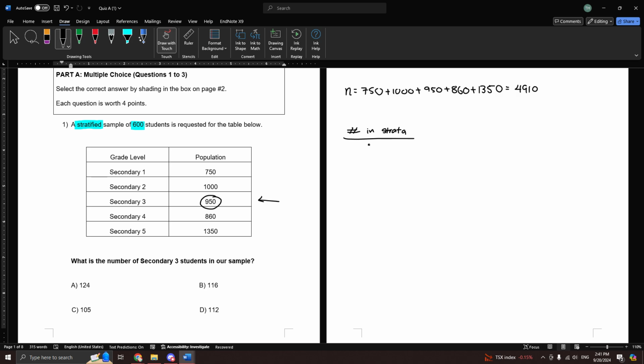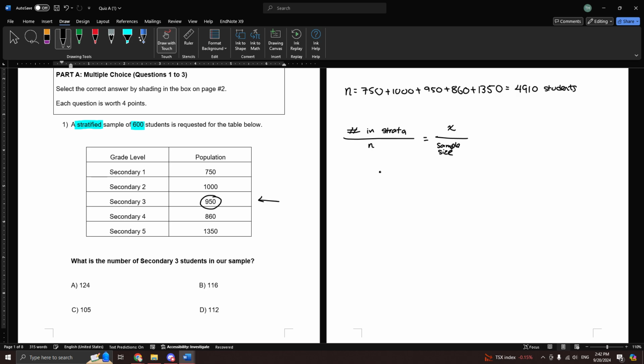Underneath it, it's going to be N, which is our total population size, students. On the right side, we have X. That's how many students of a certain strata we are going to sample, so how many Sec 3 students we're going to ask, which is what we're looking for. That's our unknown. And underneath that, we're going to put our sample size.